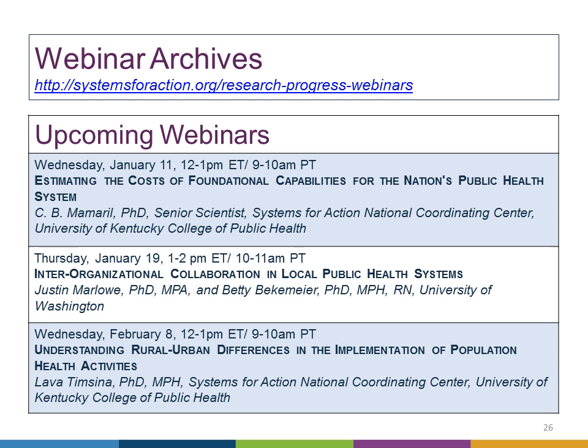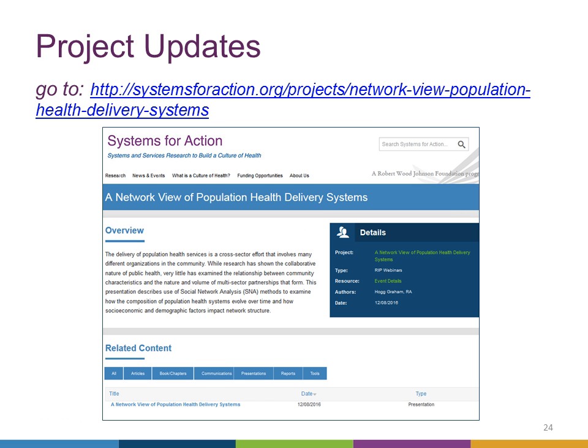Rachel, if you don't mind, this is Anna. I just want to jump in really quickly because I think this is a good moment to mention to folks that in addition to that project page on the systemsforaction.org website where you can follow along with this work as new products become available, also those of you who are interested in specific questions like we just heard about what data are gathered might be interested in looking at the page dedicated to the National Longitudinal Survey of Public Health Systems.